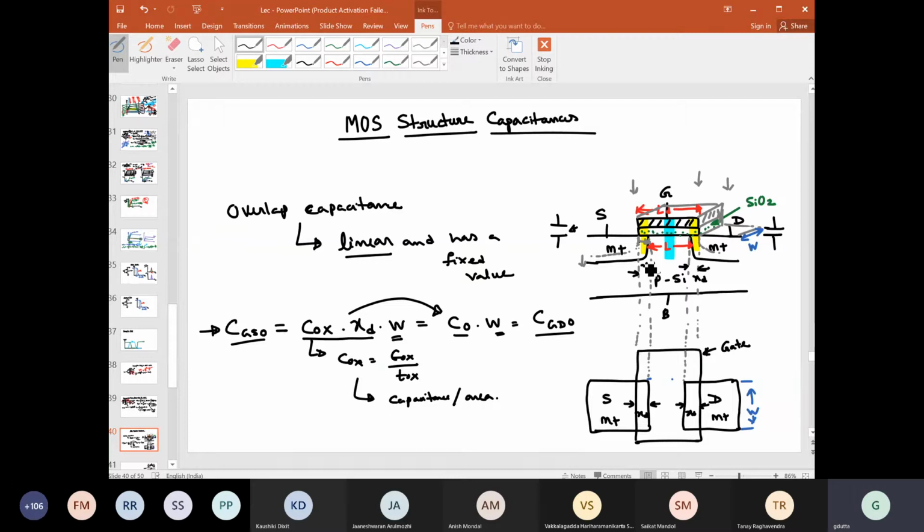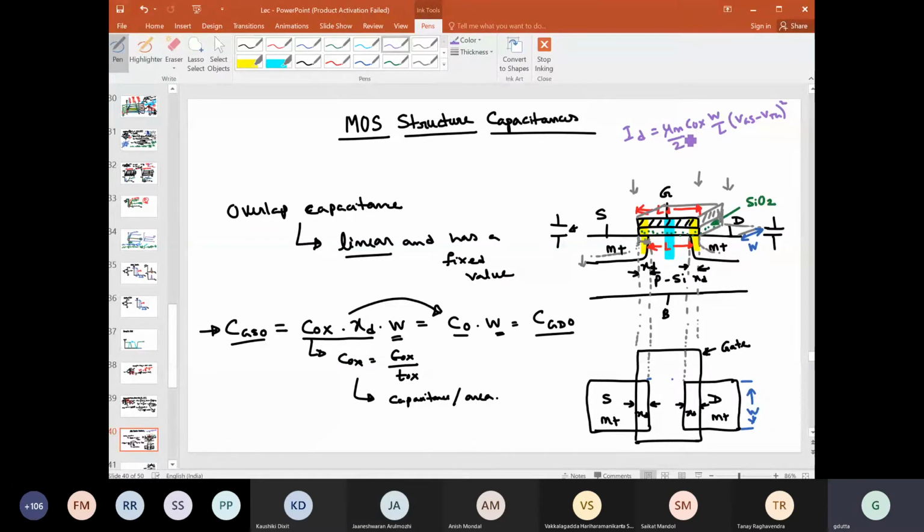So in this context, I would also like to mention one thing: when we discussed the drain current of this MOSFET, we have seen ID is equal to mu n Cox, then W by L, then, considering the saturation region, VGS minus VTH square. Am I missing something in this equation? So half.